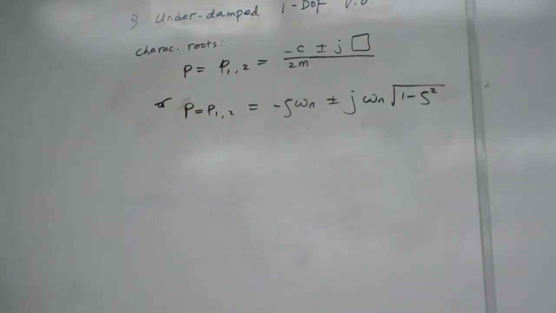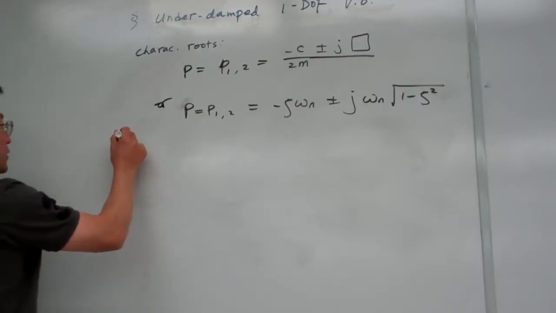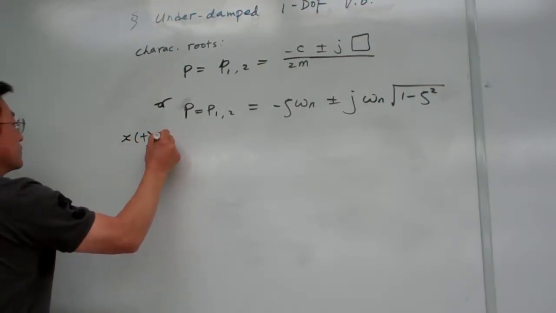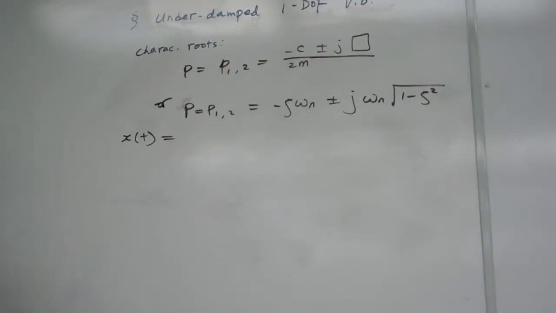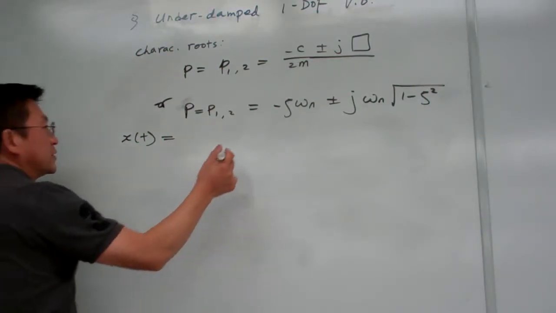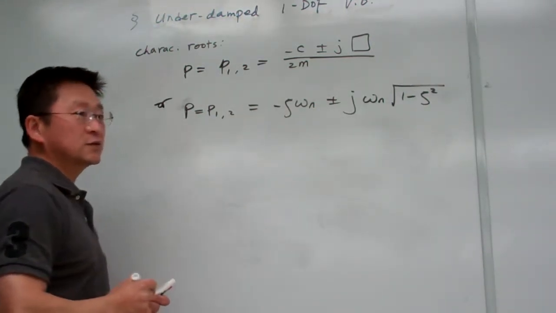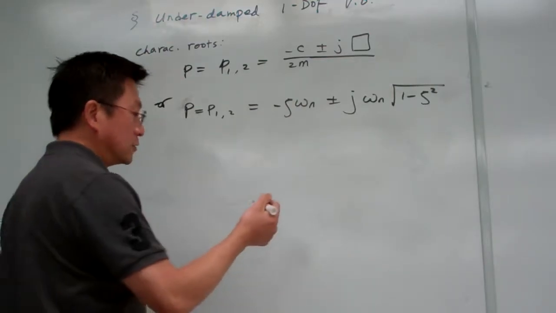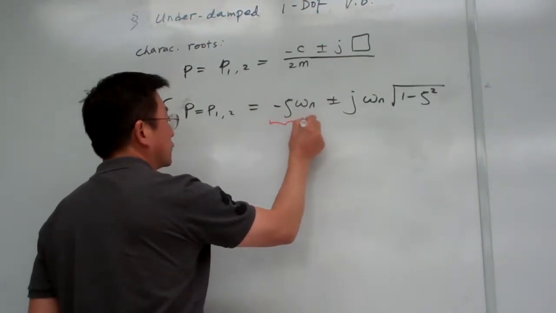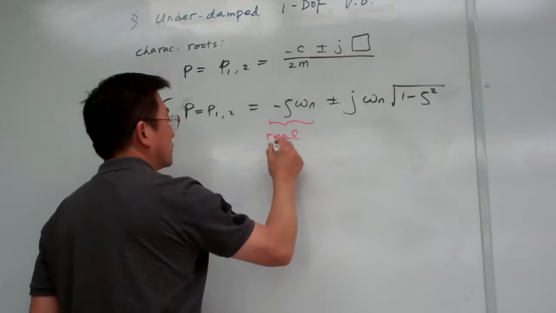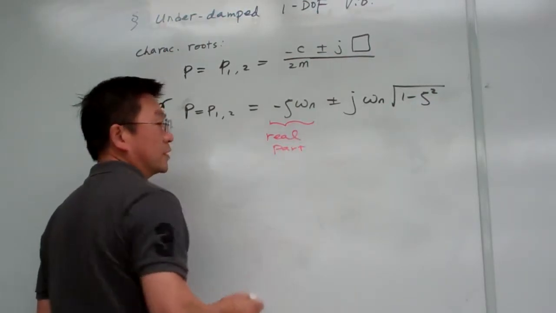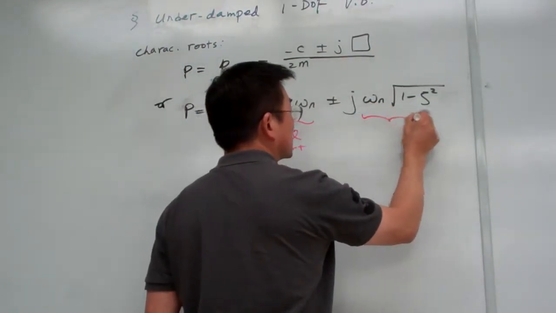If we have this root, and if you remember, right now I'm going to write up the solution. Before we write up the solution, we can put in the anatomy here. This is the real part of the roots, and this is the imaginary part.